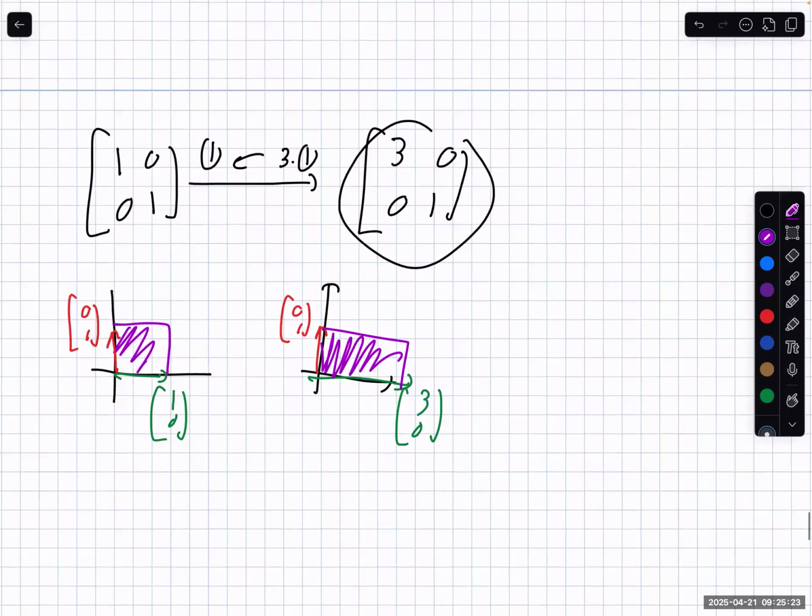Okay, so what this matrix is doing is just stretching along the x-axis. So it made the base of the rectangle 3 times longer.